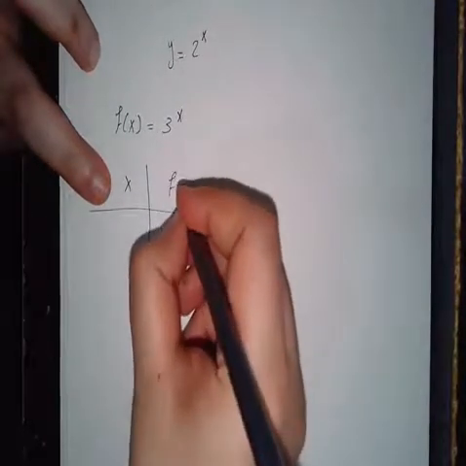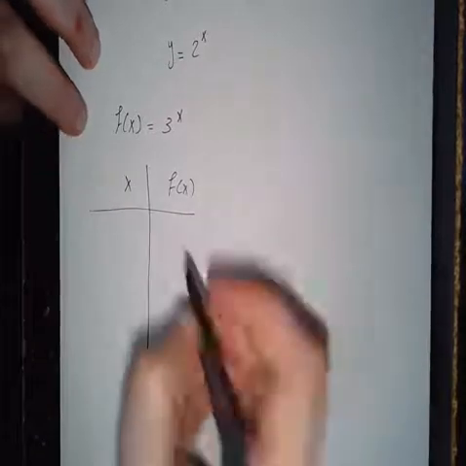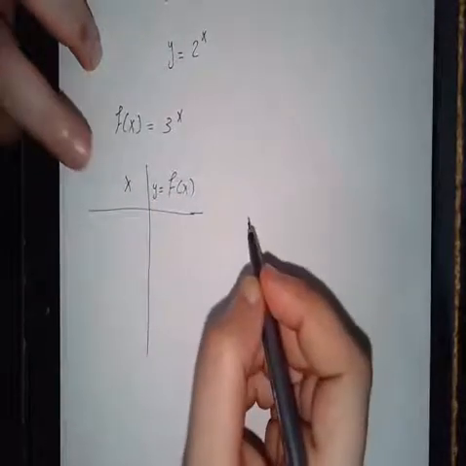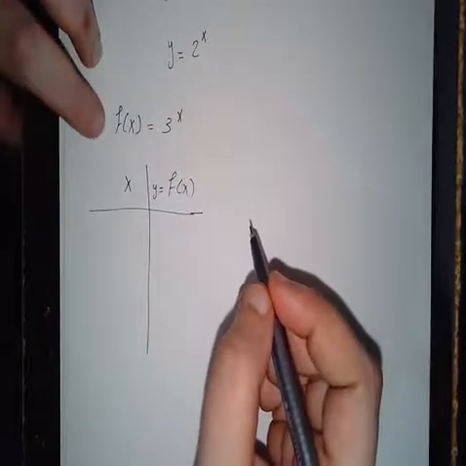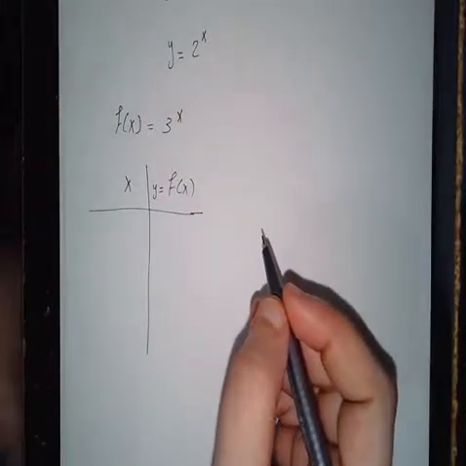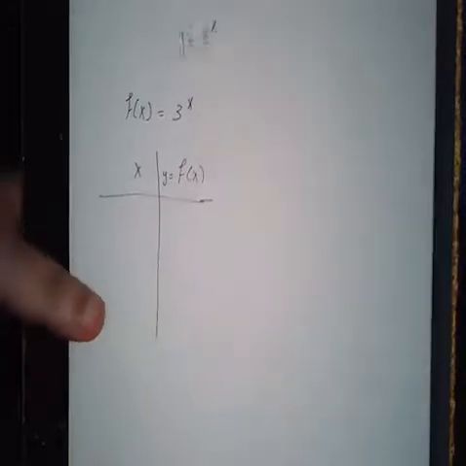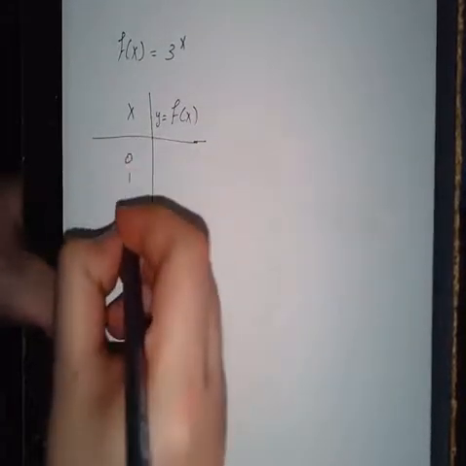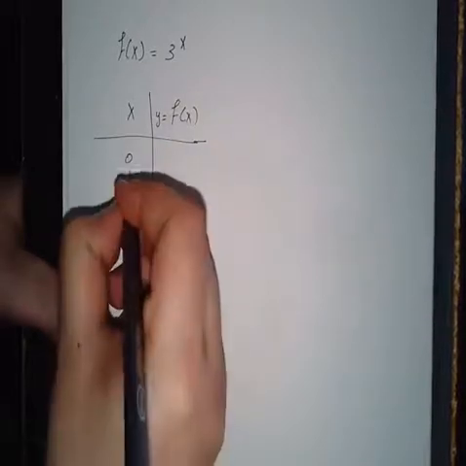So one side is going to be x, the other is going to be the function, which, as I've told you guys a few times already, when you see f of x, that really equals y, so it's the same thing. Now, for x, let's choose a few values, and I'm gonna choose a variety.